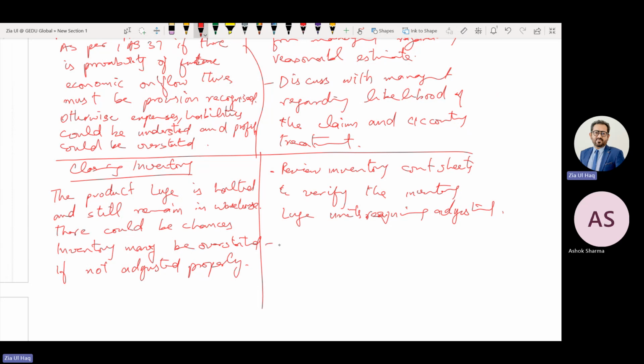So discuss with management regarding adjustment in financial statements relating to inventory.